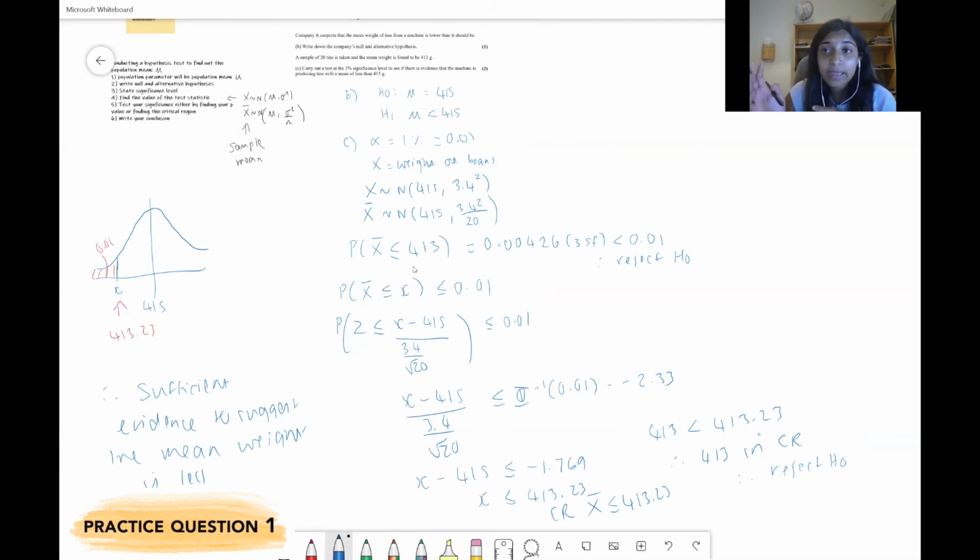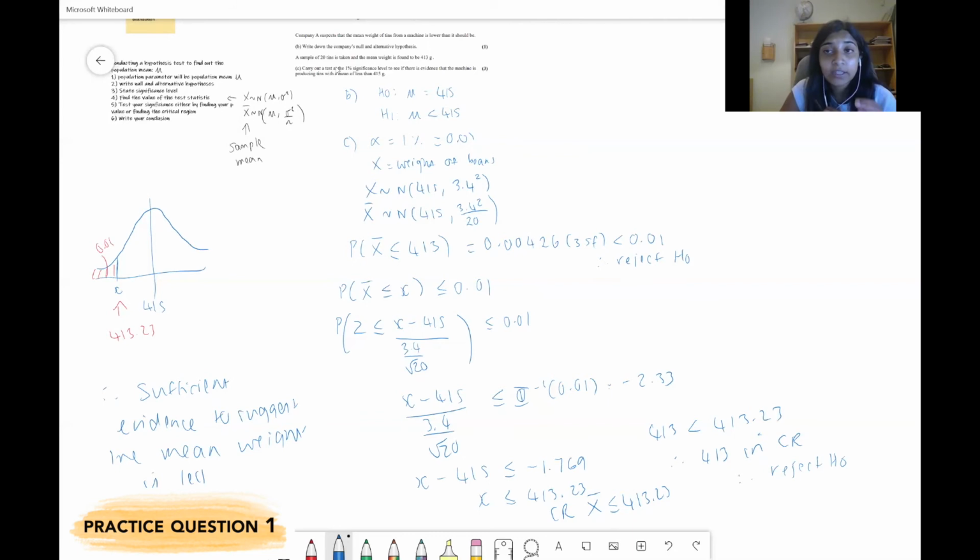If it's on the upper end of your mean, you go more than or equal to that value. If it's the lower end, you go less than or equal to that value. Then you compare it to your significance level. For a one-sided test, it's just the significance level they give you. But remember, like with all hypothesis tests, if it's a two-tailed test, it's your significance level divided by 2.